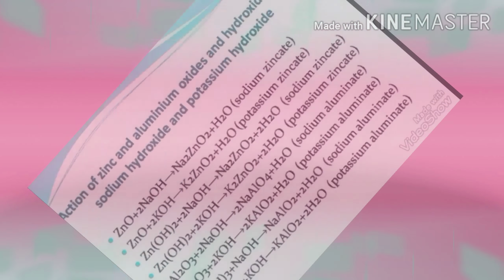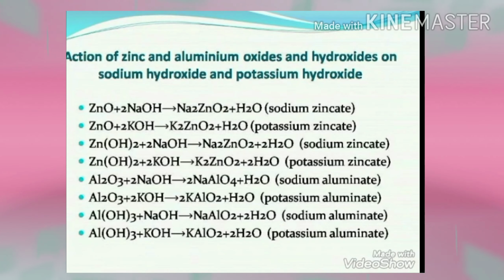Let's take some examples, when alkalis react with some amphoteric oxides or hydroxides. See here from the table, when the alkali sodium hydroxide reacts with zinc oxide, it produces salt and water. What salt?